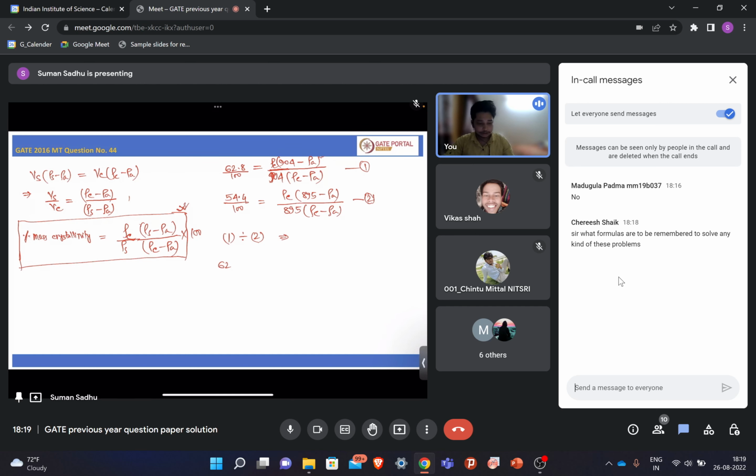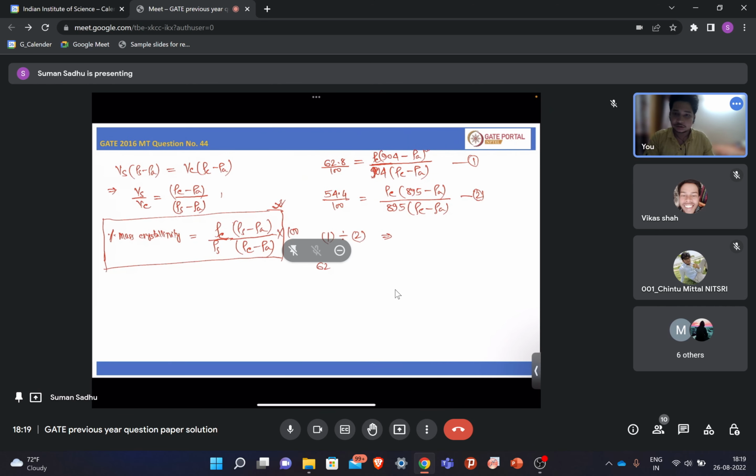I just derived this formula to show how it actually comes. Otherwise, if I just wrote this formula directly, it would be difficult to understand where it comes from and where I am using it, right? So you can use this formula for the percentage of mass crystallinity directly to solve this question.